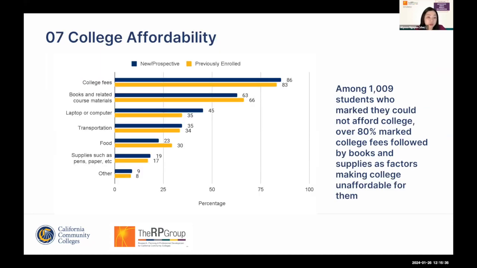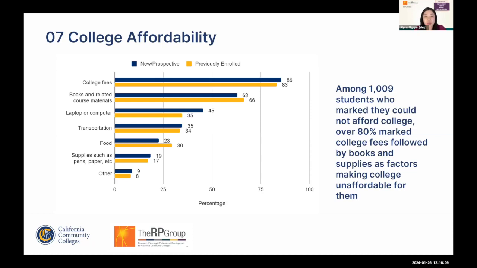So as we saw earlier, about 20% of students, both prospective and previously enrolled students, indicated that college affordability, or it being unaffordable, was one of the reasons influencing their decision to attend college. So in this year's survey, we added some additional questions to dig deeper into trying to understand and unpack what is making college unaffordable for students.